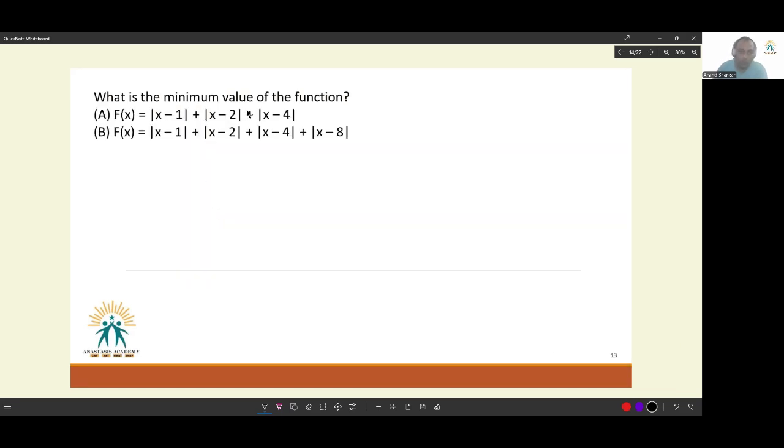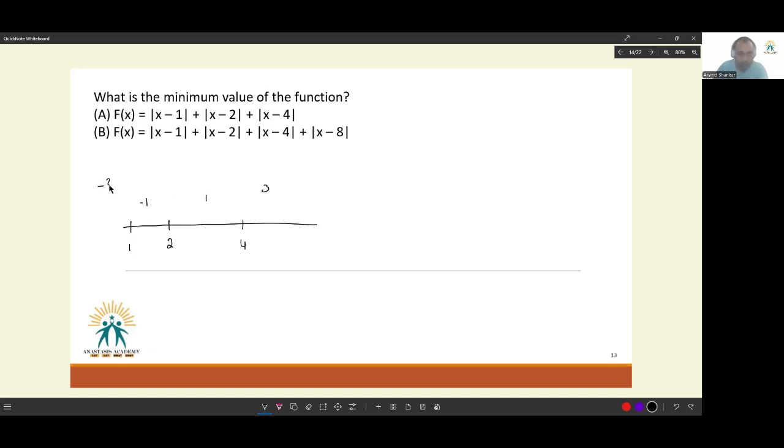Next, what is the minimum value of the function |x minus 1| plus |x minus 2| plus |x plus 4|? Graphically, if you are comfortable with graph forming, the process will be very simple. On the right hand side, the slope is 3. Between 2 and 4, the slope is 1. Here the slope is minus 1.